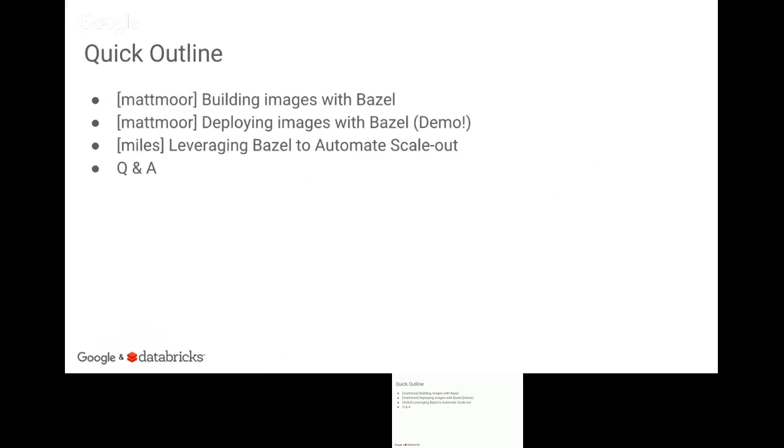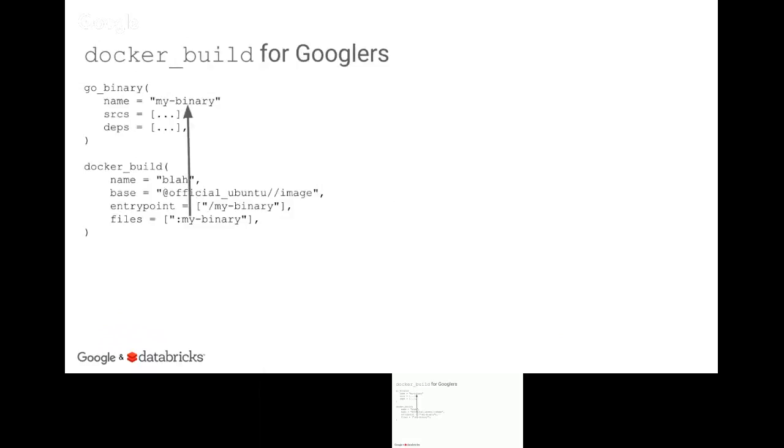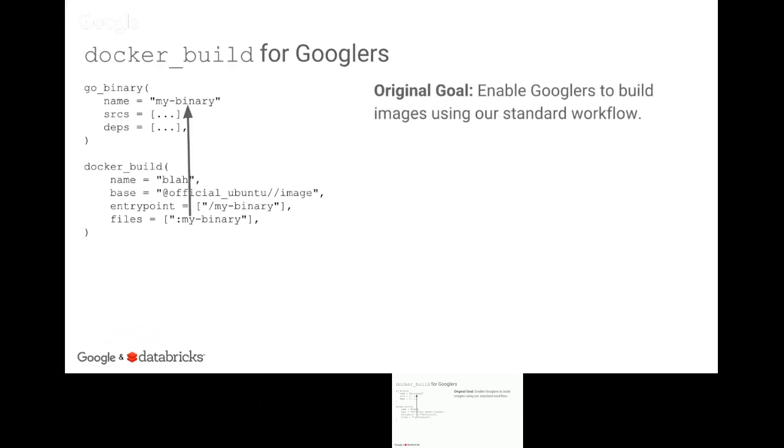So, the origin story. Where did it all begin? Building Docker images with Bazel started 2.5 years ago. And it started as a tool to enable Googlers who were targeting cloud to build Docker images, in a way that integrated naturally with our internal tool chain, which can be opinionated and is very principled.